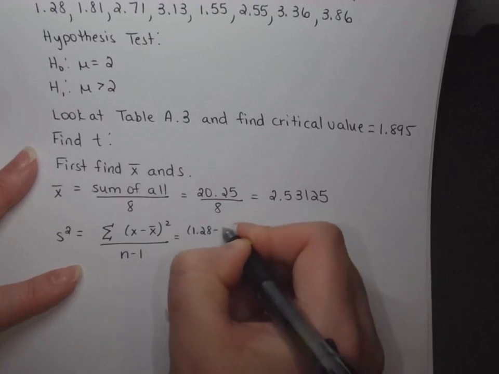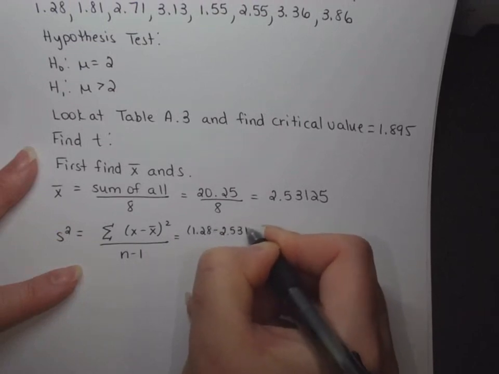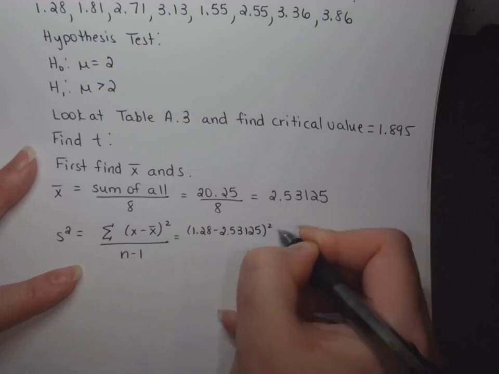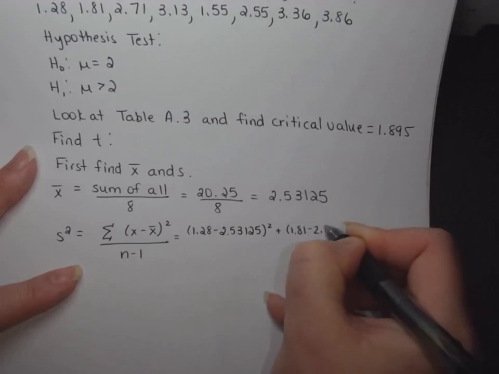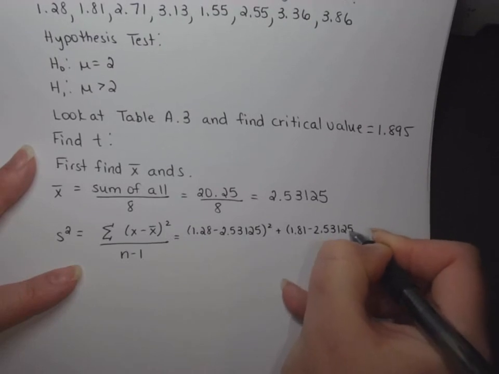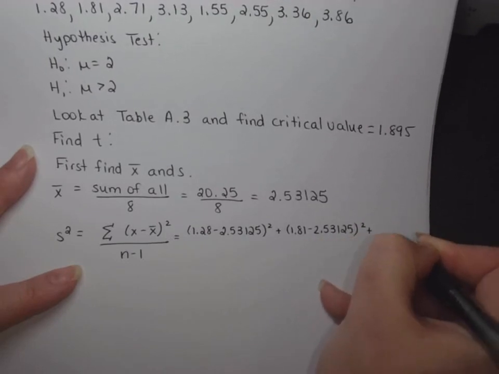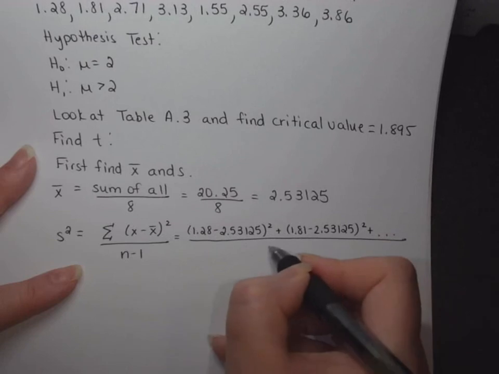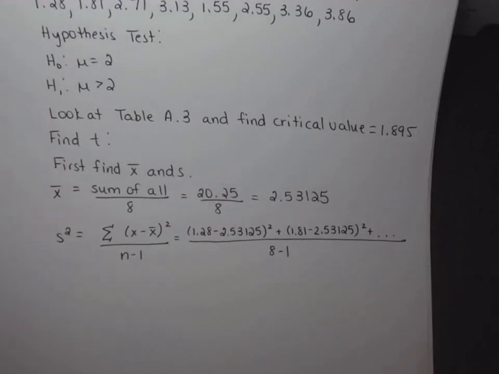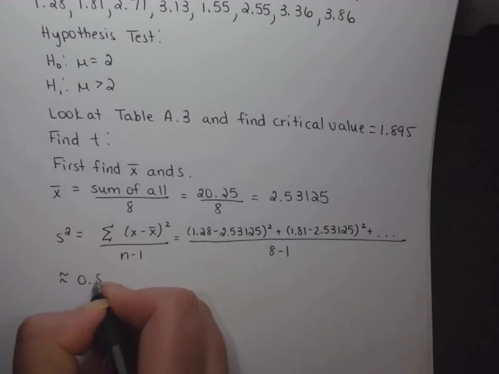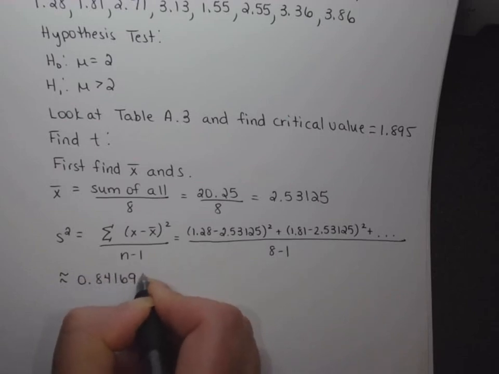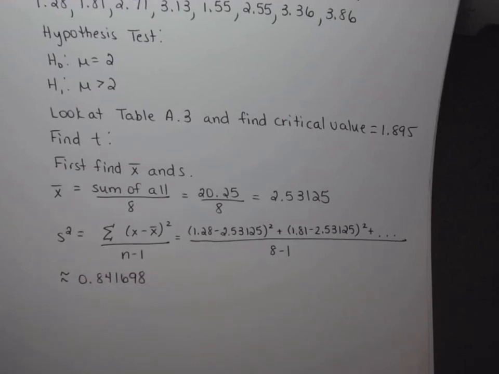First value minus average squared, plus next value minus average squared, plus all the way through the 8 values, and then divide that by 8 minus 1. If you do all that calculation, and you might want to pause it and see if you match up with me, you're going to get right around 0.841698.